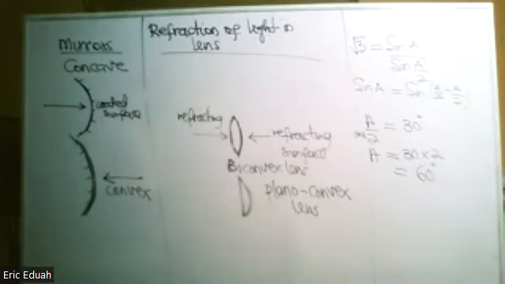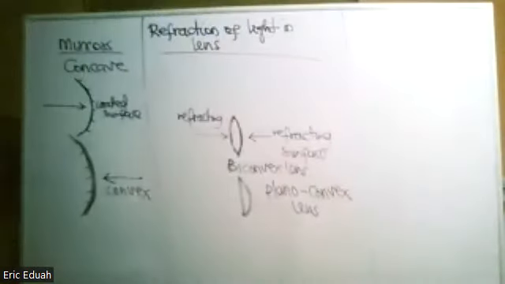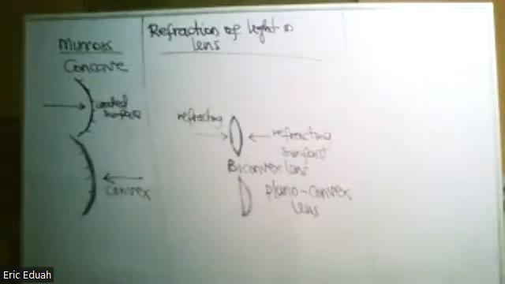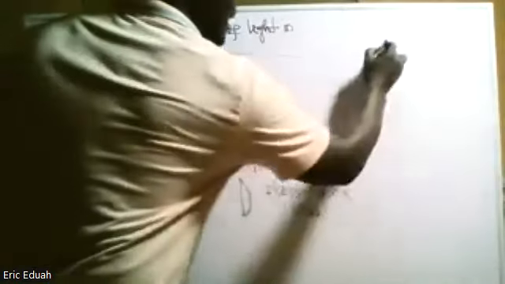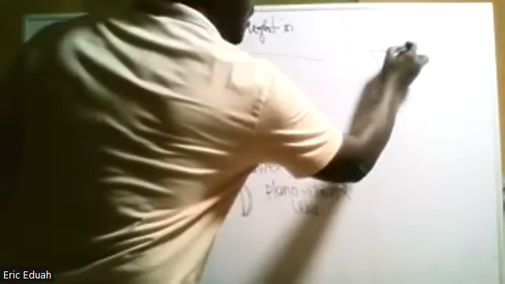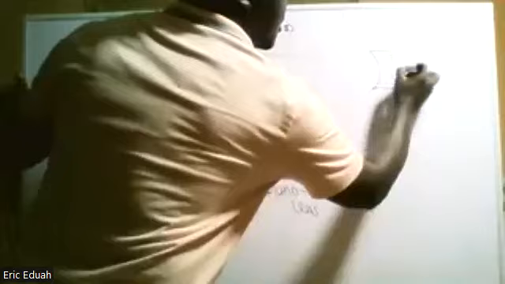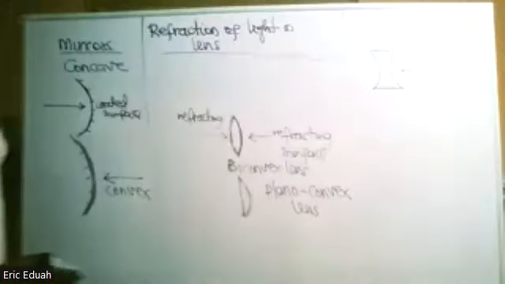Then let's look at the other type. We have another one whose refracting surfaces curve inwardly. So this one, there's the refracting surface.